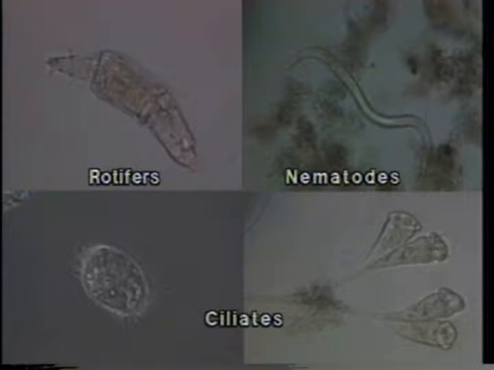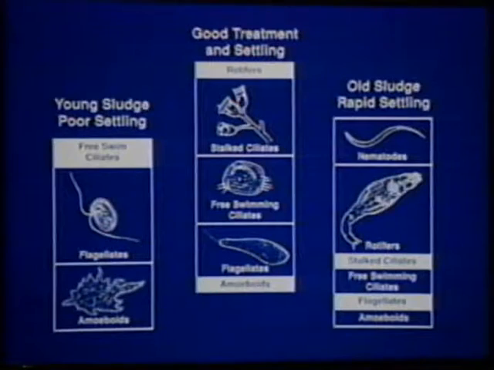On the other hand, a predominance of rotifers, nematodes, and ciliates with few or no flagellates and amoebas indicates an older sludge with rapid settling characteristics. The relationship between microorganisms and sludge quality can best be pictured by the use of a relative predominance bar graph.